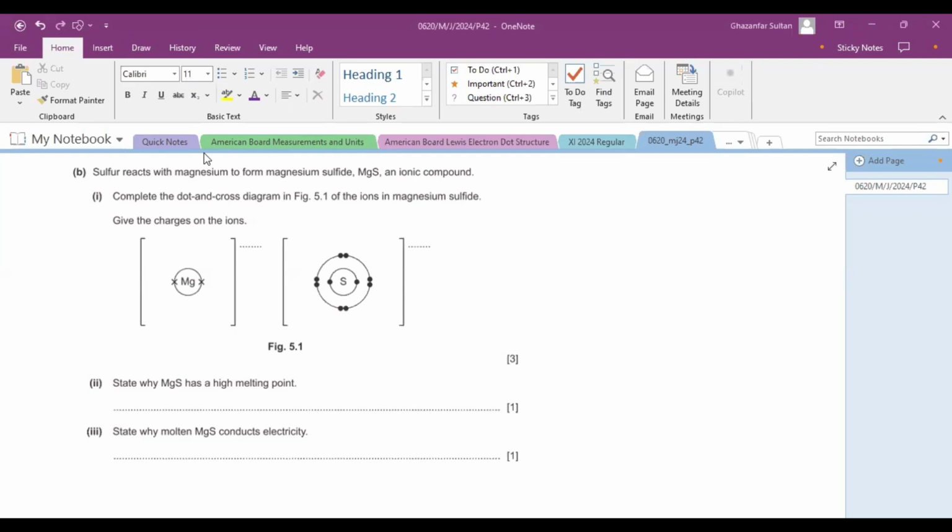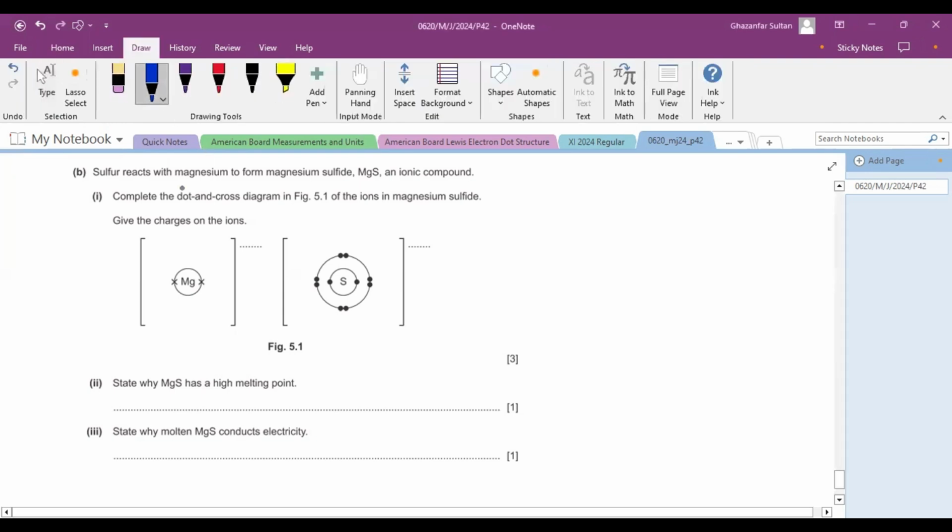As it is a magnesium ion, there should be 2 plus charge because magnesium belongs to group 2. So the charge number would be 2 plus. And the sulfide ion has minus 2 charge. So there should be minus 2.